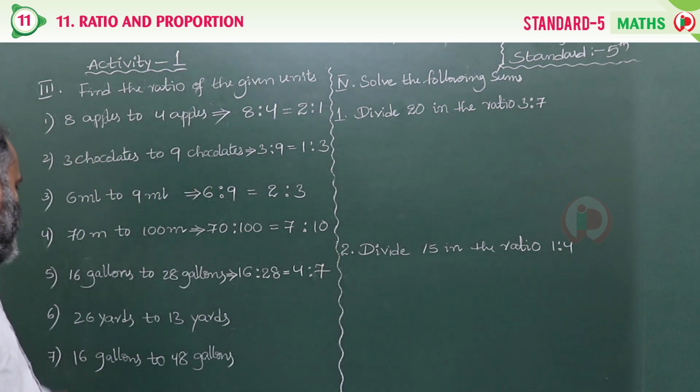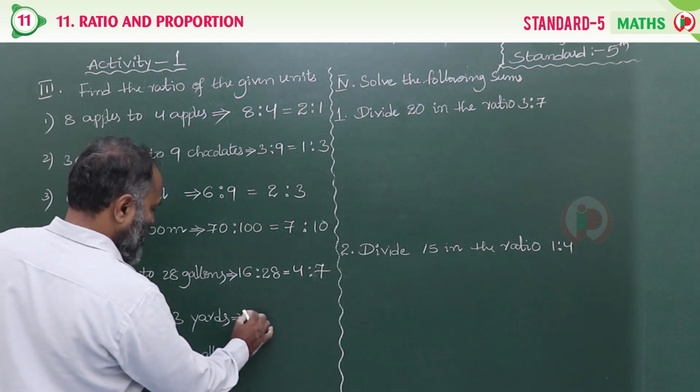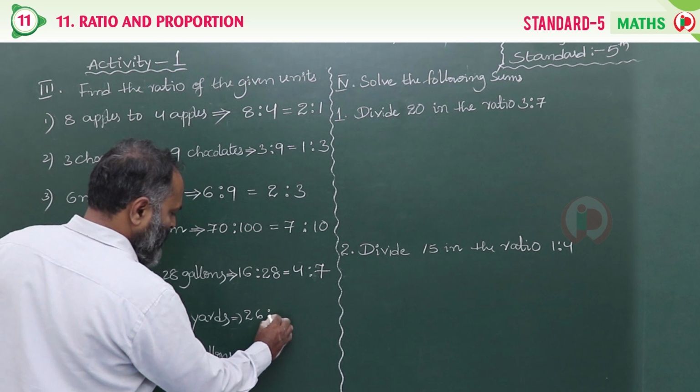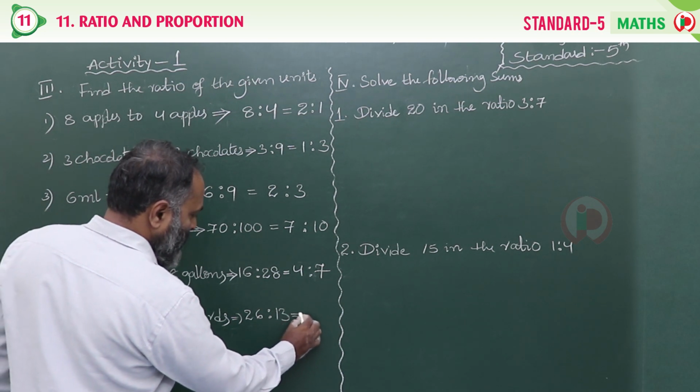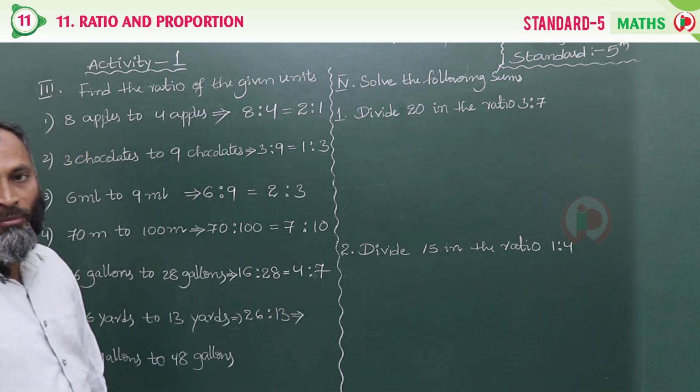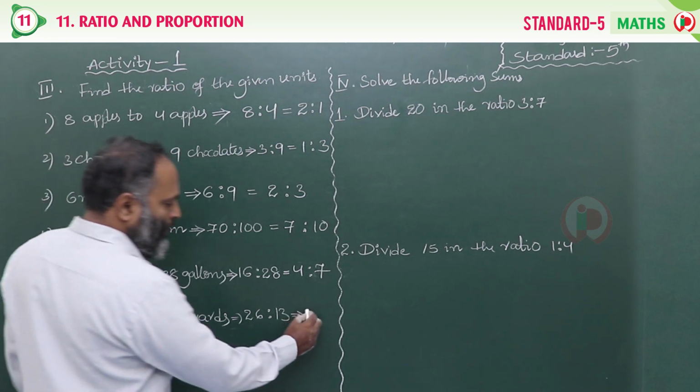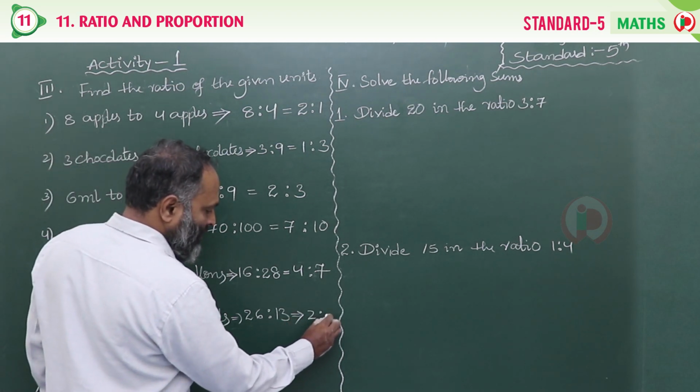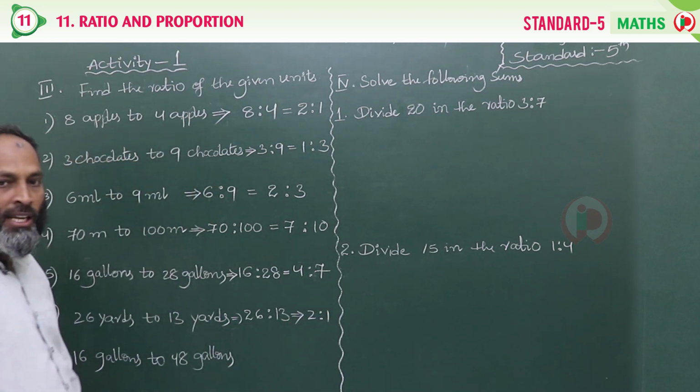Okay, now 26 yards to 13 yards, that is 26 is to 13. In simplified form, both are divided by 13. 13 2s are 26, 13 1s are 13.